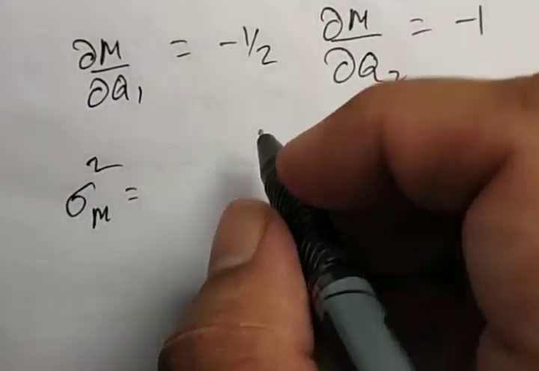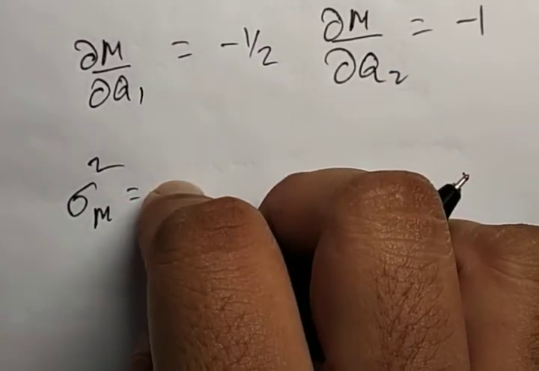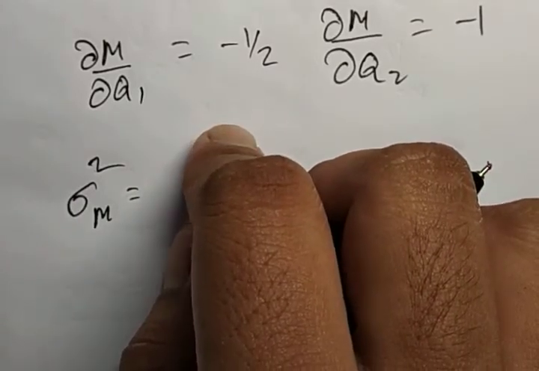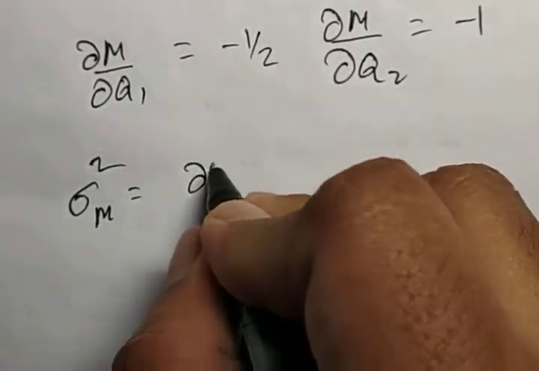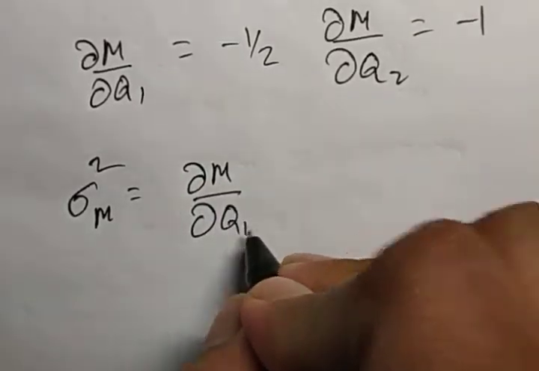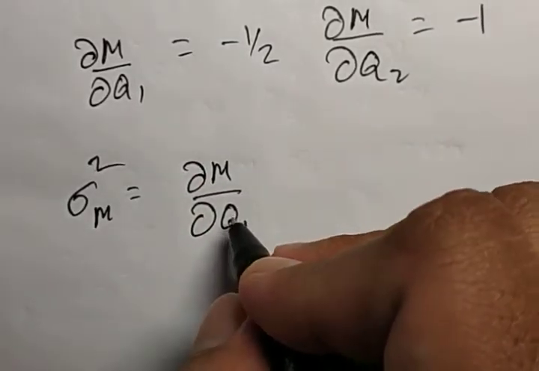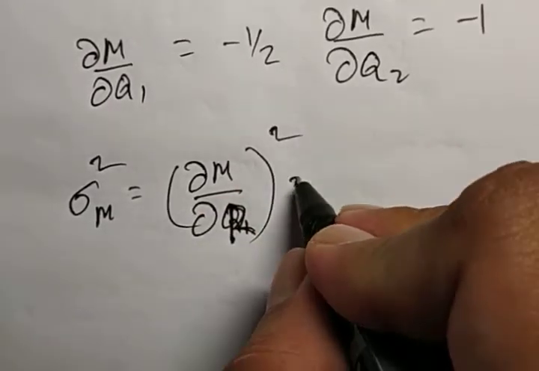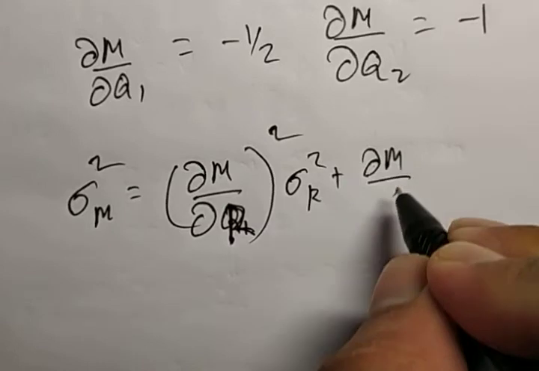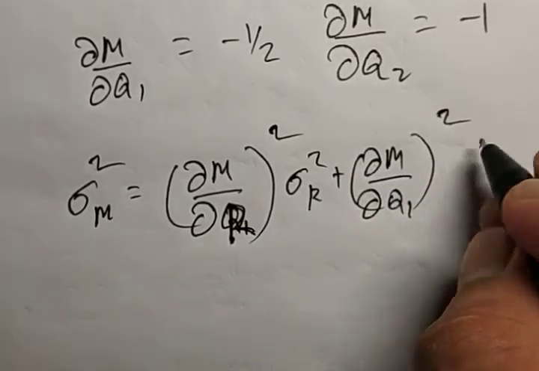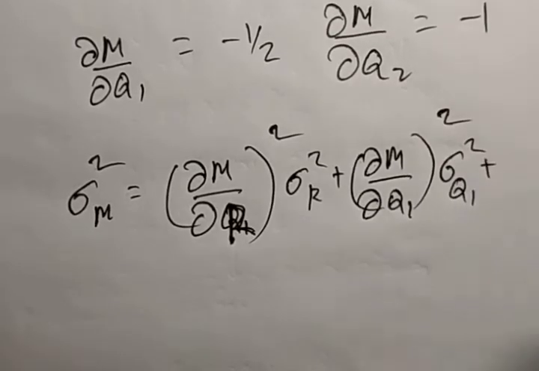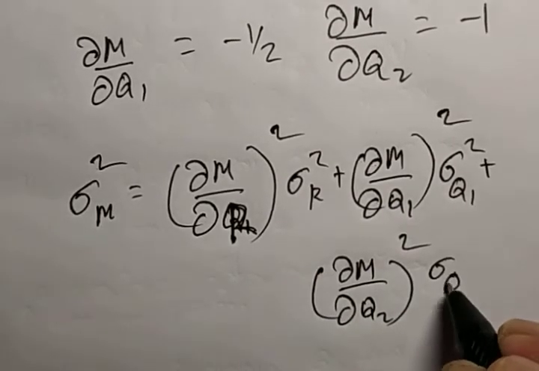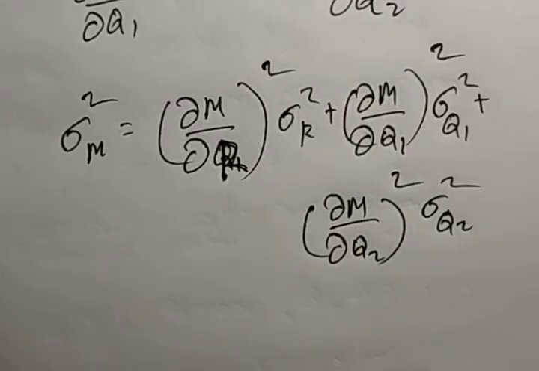It's going to be del m by del r squared times sigma r squared, plus del m by del q1 squared into sigma q1 squared, plus del m by del q2 squared into sigma q2 squared. Okay, so this is what usually the equation is supposed to look like.